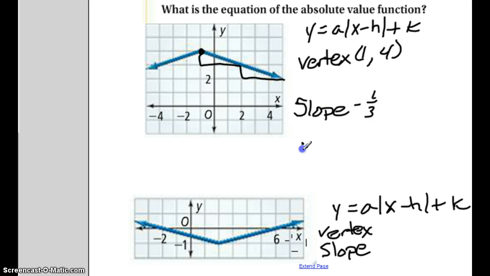So now we just fill in the blank. y equals our slope, then the absolute value of x minus our h value, which is right here, and then we get to plug in our k value of plus 4. You guys get to figure this one out on your own, and I'll see you guys tomorrow.